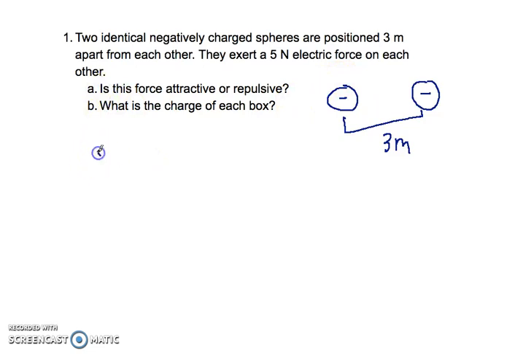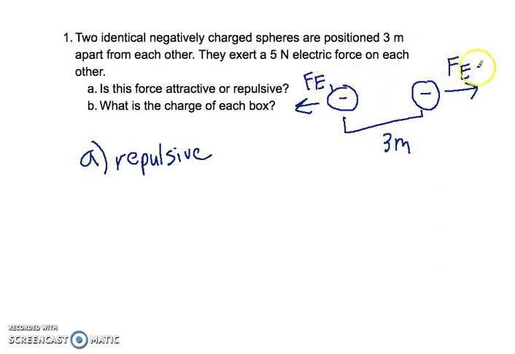So is the force attractive or repulsive? Let's think about this as the first thing. We have two negative charges. Those are like charges, so you're going to have repulsive. So same charges are going to repel, repulsive. So what's going to happen is you're going to have electrical force like this. It's going to be the same size of the electrical force.